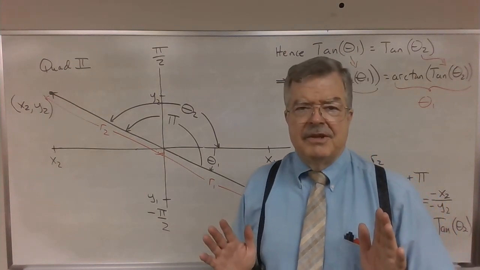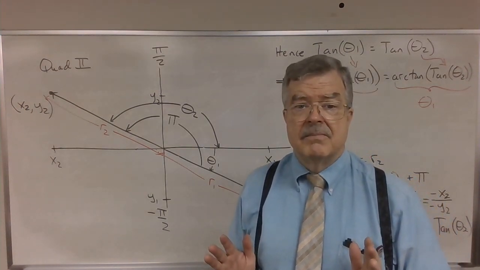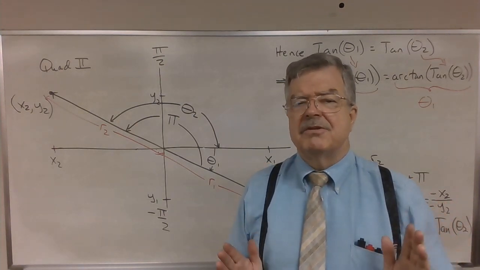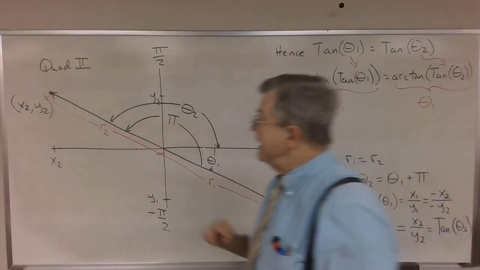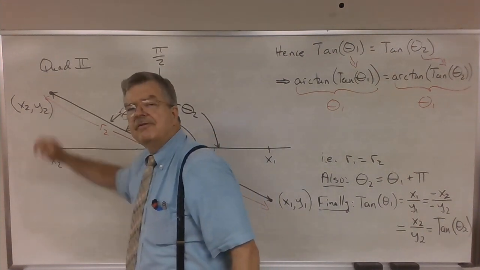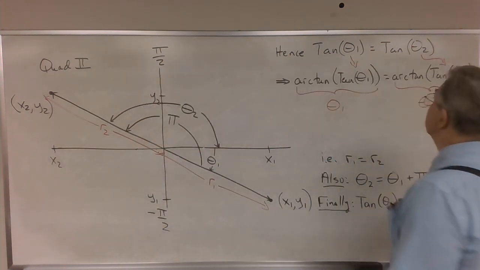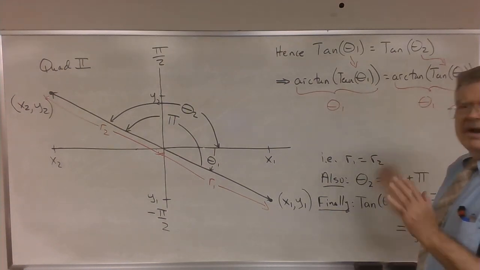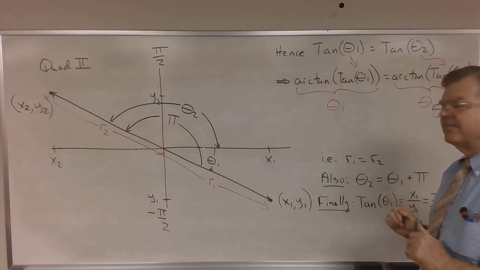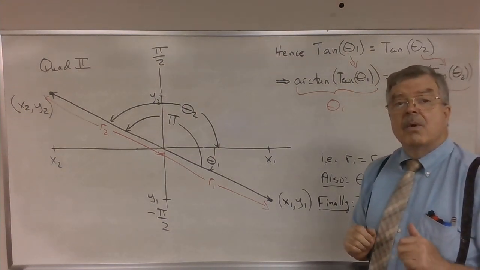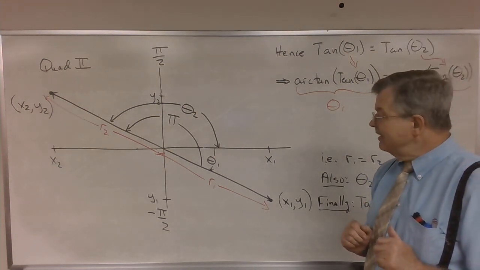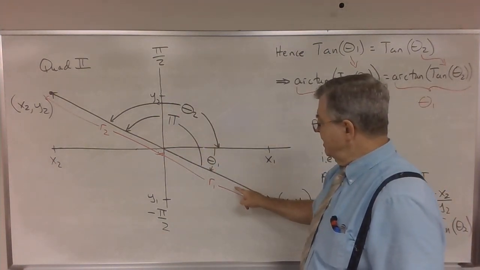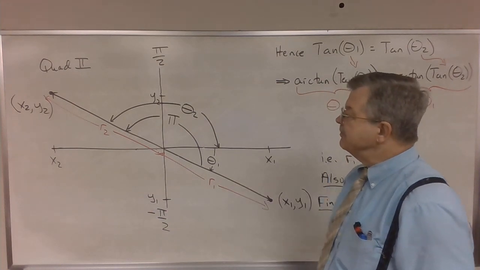Well, now that we see what's going on, it's not a problem, just as long as we're alert to the fact that if we take the x and y coordinates of this point and compute the tangent and then compute the arctangent of that, we're not going to get the correct angle. What we are going to get is an angle that is pi units away in quadrant 4.